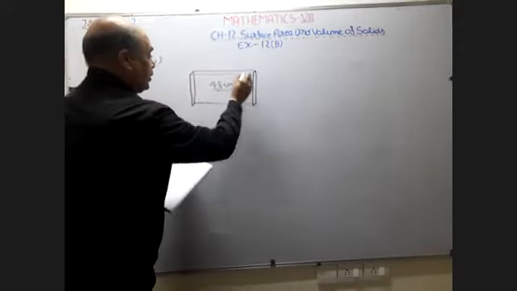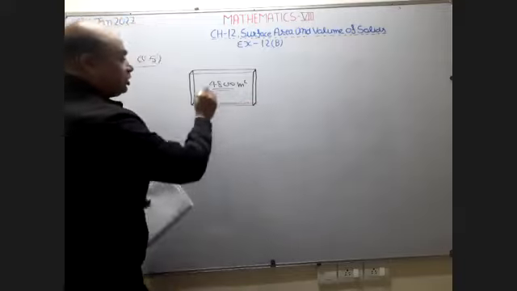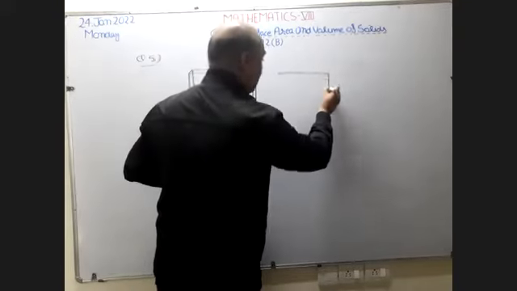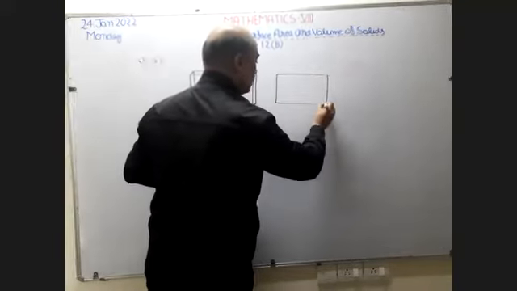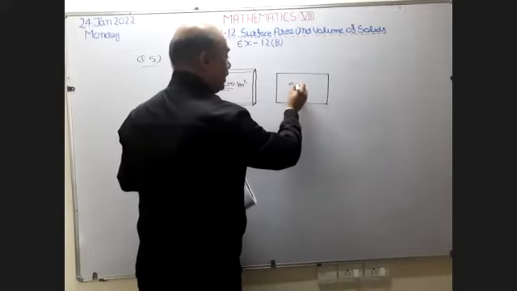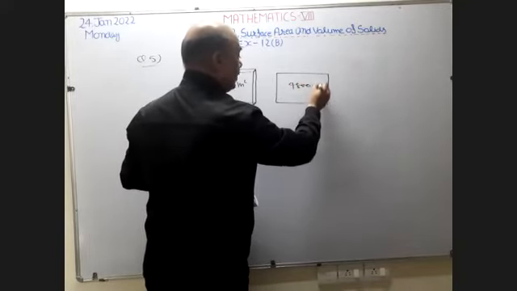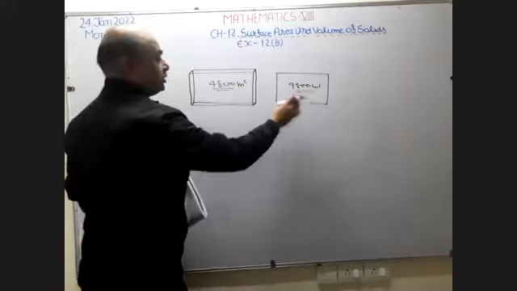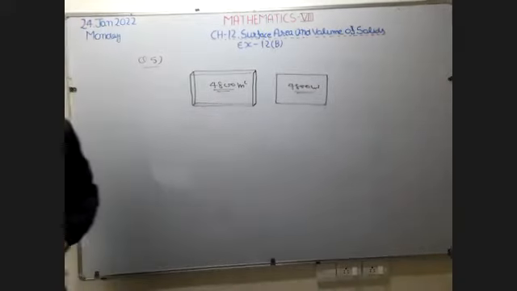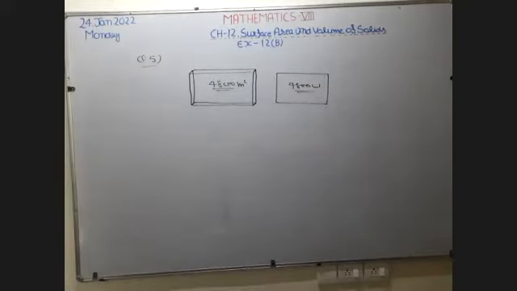First, this is the shape of a rectangle. How are you going to find the area of a rectangle? Many students sent the message L into B. Okay, beta, right answer.